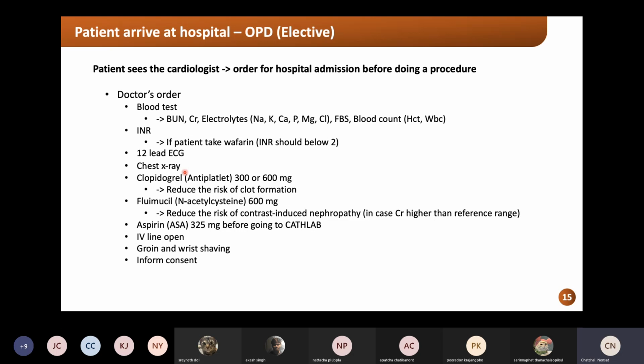And the cardiologist or doctor will order a 12-lead ECG to evaluate the electrocardiology.